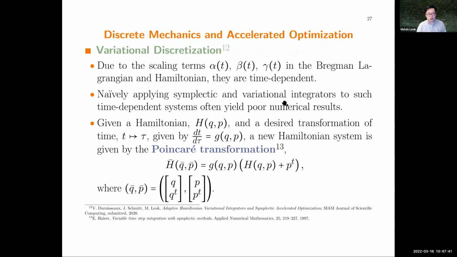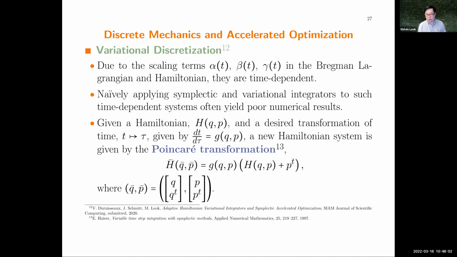So the problem, as I said, is that because of these alphas, betas, and gammas, the Bregman Lagrangians and Hamiltonians are time dependent. And so you have to be very careful when you try to discretize this using symplectic or variational integrators, because essentially symplectic integrators don't exactly preserve the energy.